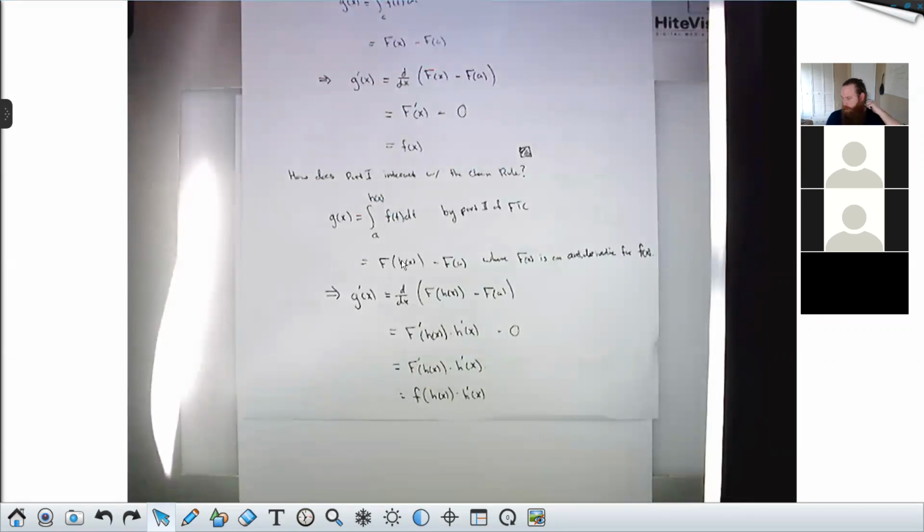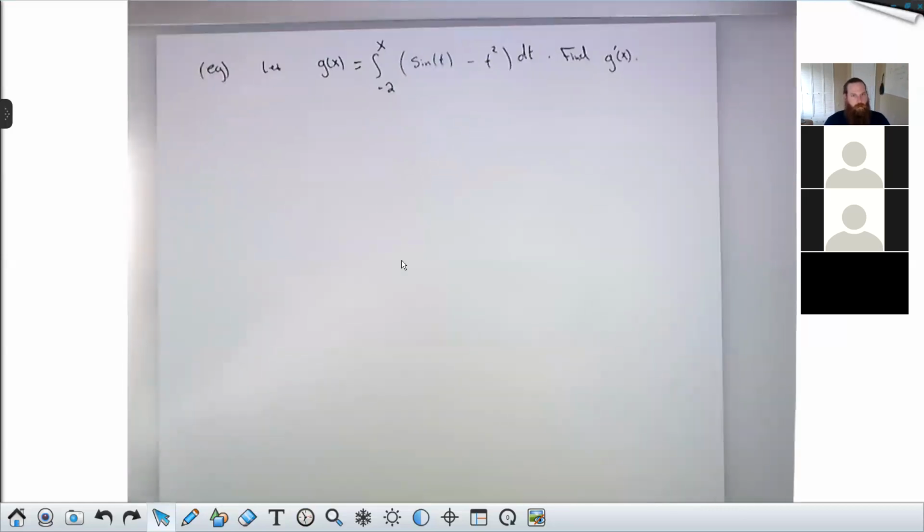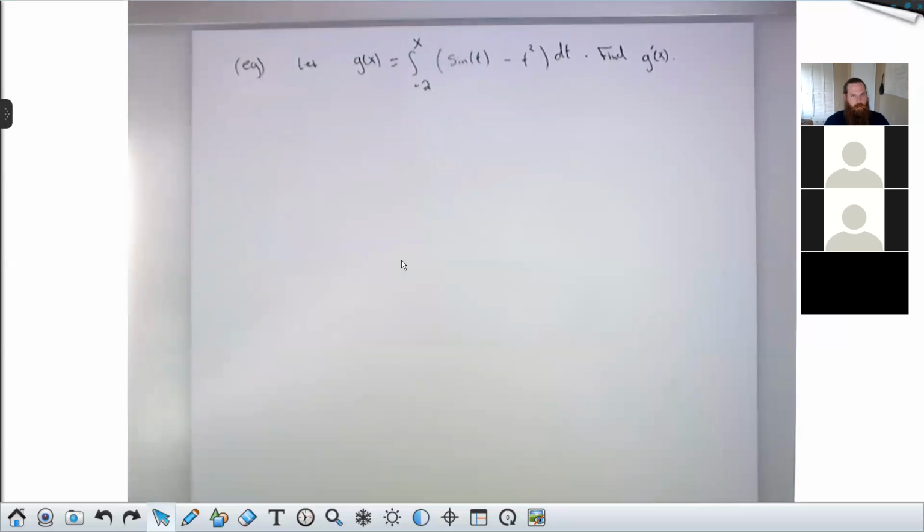I'll stay here for just a couple seconds more. Okay. So the problem we want to look at for our first example is a part 1 problem. We're going to use part 1 of the fundamental theorem of calculus.